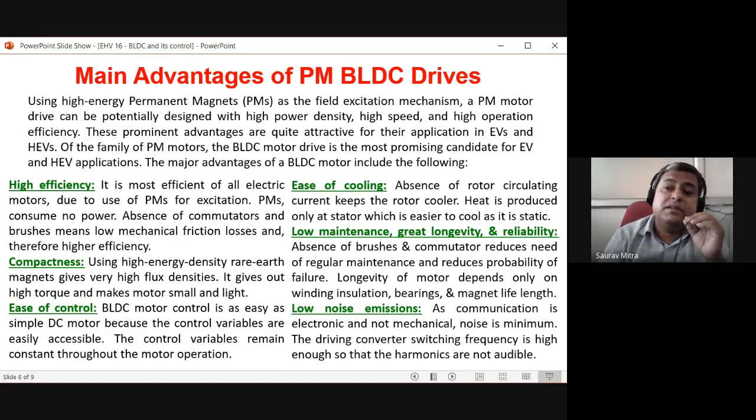In case of a DC series motor, there is mechanical communication, because we are connecting the brush and commutator to the rotating armature. That's why there is wear and tear, that's why there is a lot of friction. But in this case, all the communication is only power communication through electronics or electrical. Hence, the driving converter switching frequency is high enough so that the harmonics are not audible. So all the communications are electronic. Hence, there is a very small amount of noise in this case.